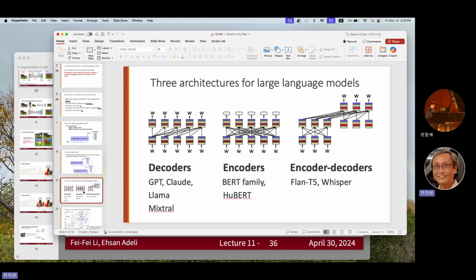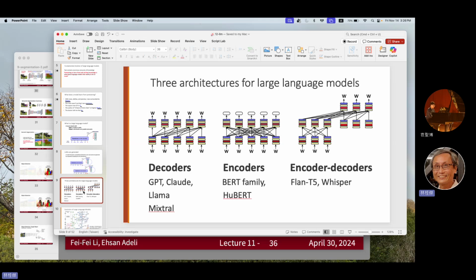The encoder takes all the information and puts it into the system, so the system understands the relationship between them, without outputting anything. The decoder, on the other hand, is usually given some input, then tries to produce the output according to the input.